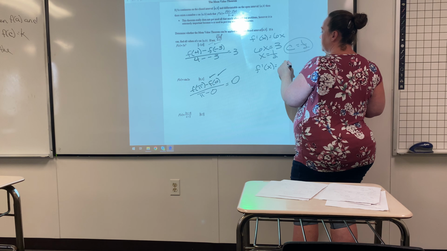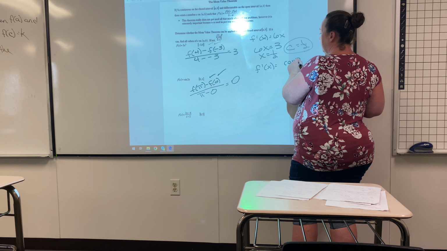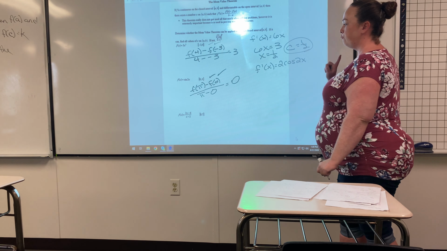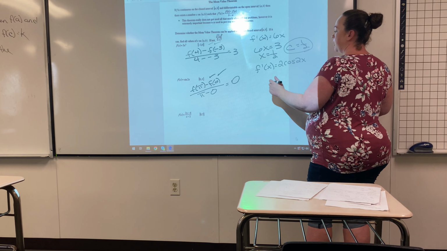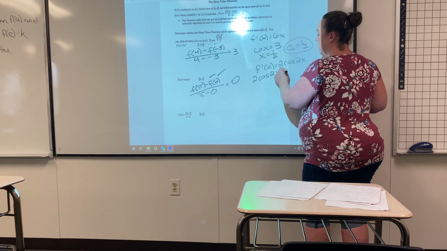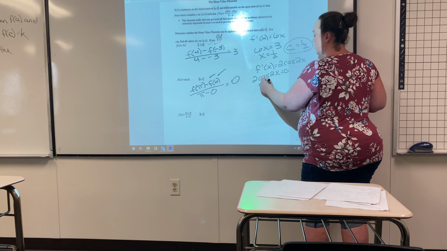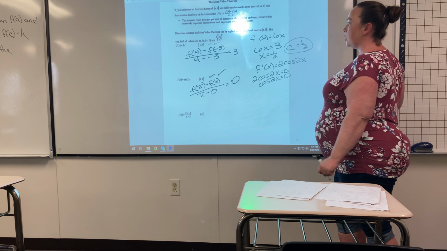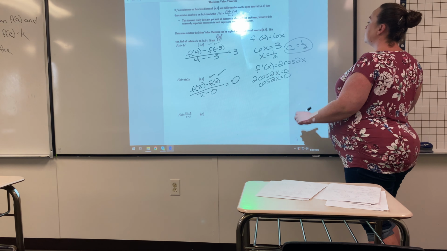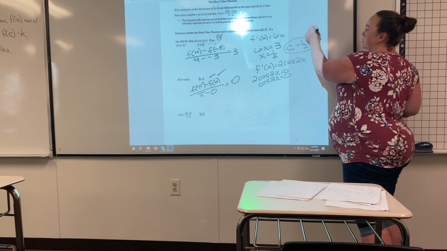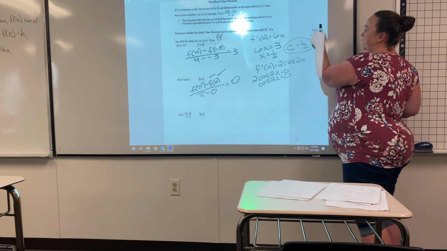Derivative of sine of 2x is going to be cosine of 2x times 2. Set it equal to your average rate. Get rid of the 2. So then you need to figure out where cosine is 0. Remember, cosine is going to be your x value. So it's going to be 0 here and there.